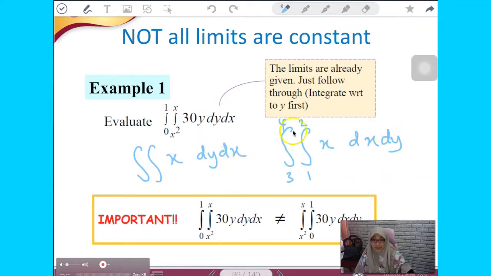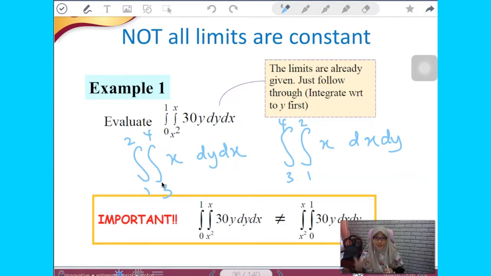Since this one is a rectangle, with no functions at all, if you want to change the order you just swap the location. So now 1, 2 is outside because it belongs to x, and 3, 4 is inside. This is okay for a rectangular region, which means that all the limits are constant.